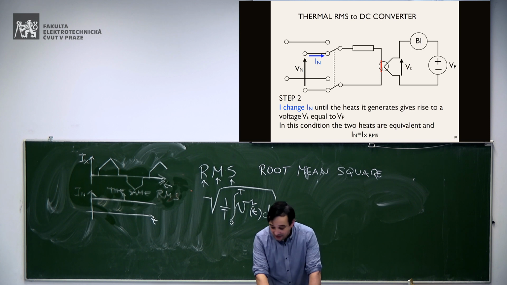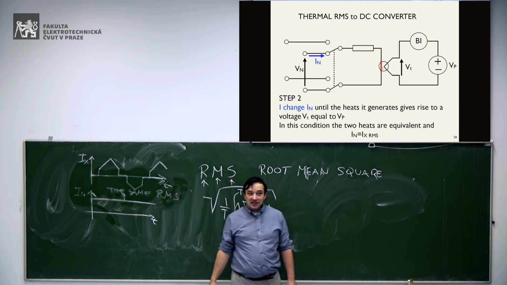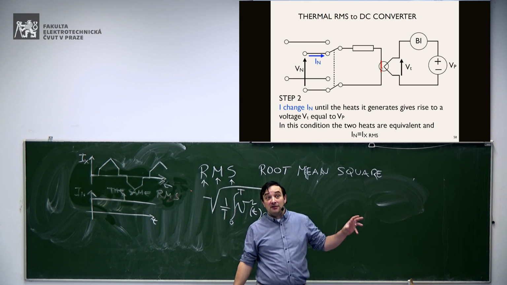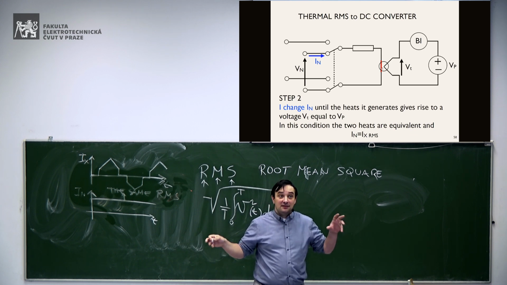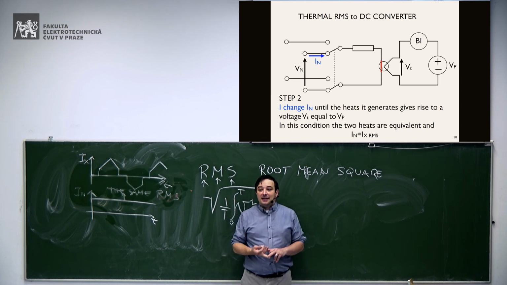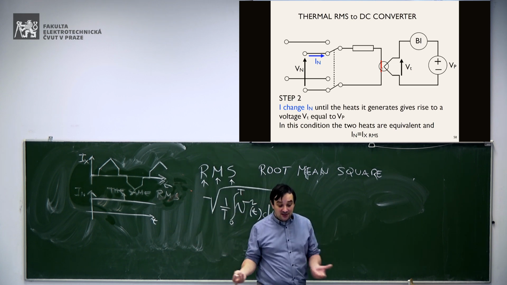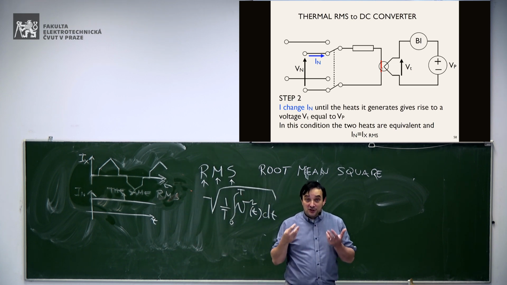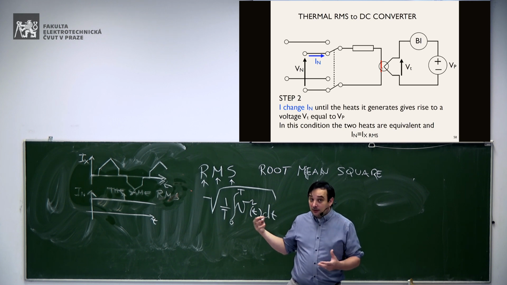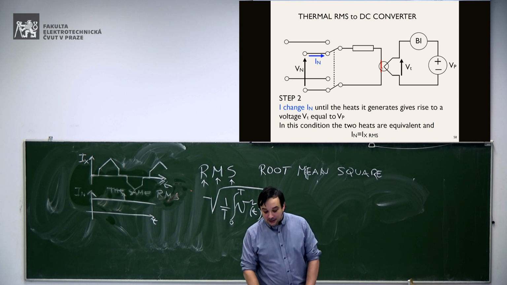What is the advantage? The advantage is that, first of all, you don't care about the shape. So you don't have to get crazy about, yes, but if it's not a sine wave, then this 1.11 doesn't apply anymore. No. It has the advantage which is based on the very basic principle of RMS value, which is energy, work. So it really measures the RMS value.